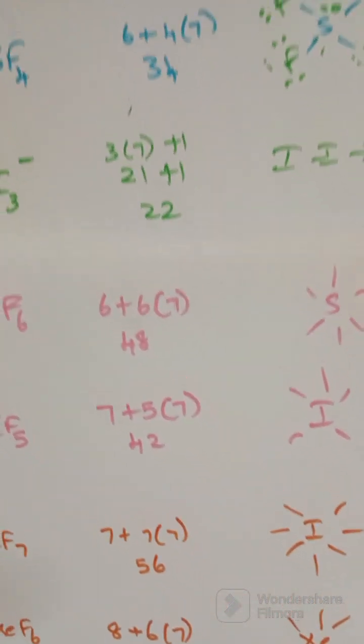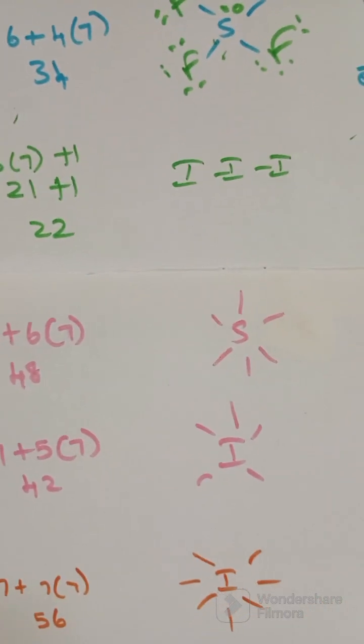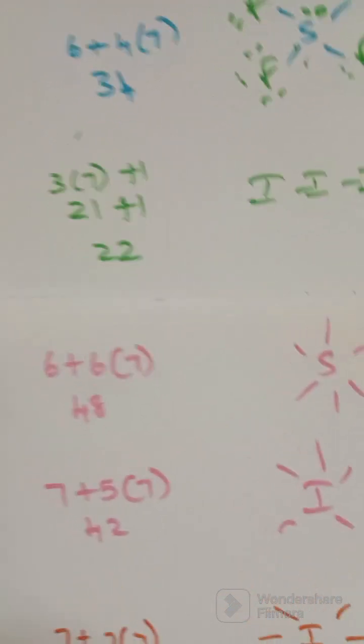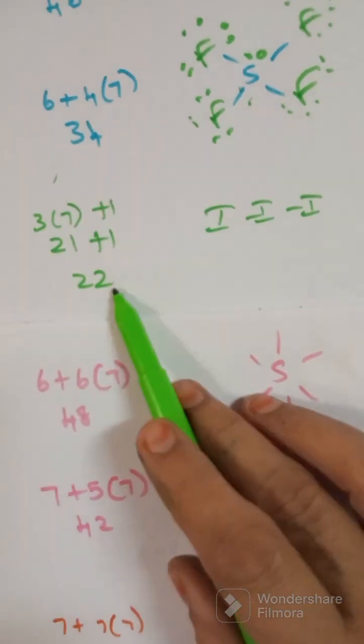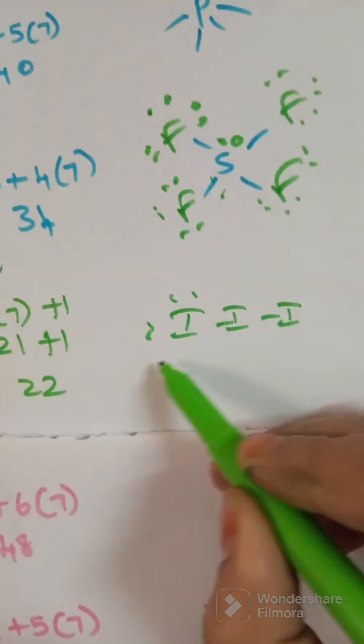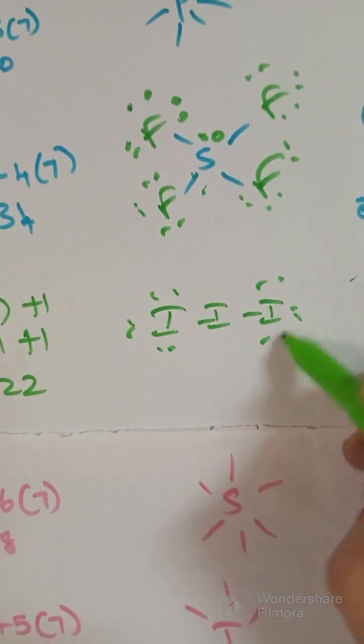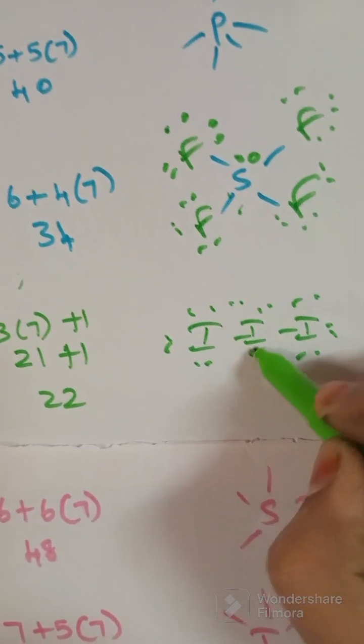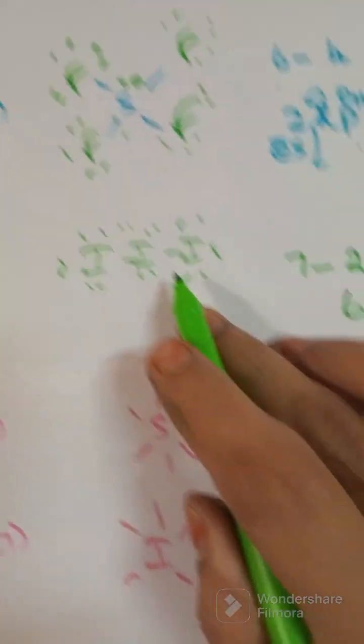Similarly, I3 minus. All the 3 are iodine atoms. So 1 iodine is at the center and the 2 remaining iodine atoms are on either side. So here the number of electrons comes to 22. So to accommodate the 22 electrons, you have 2, 4, 6, 8, 10, 12, 14, 16, 18, 20, 22. 3 lone pairs on iodine.